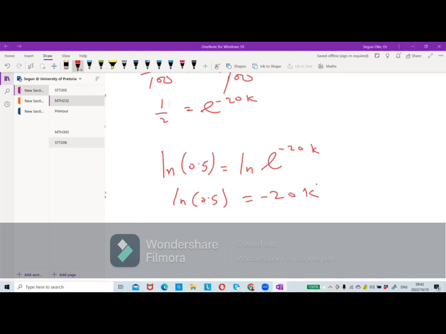Divide both sides by minus 20. K is equal to 1 over minus 20 times ln 0.5. Press this on your calculator, and you will have k equal to 0.035 per minute.